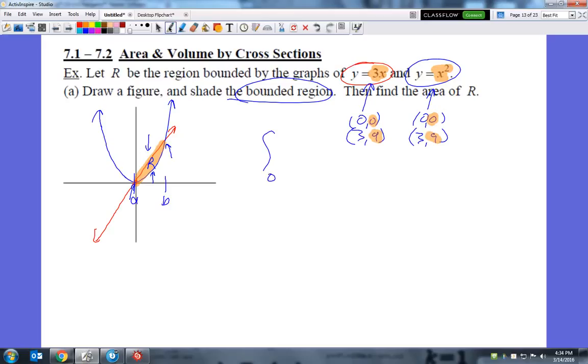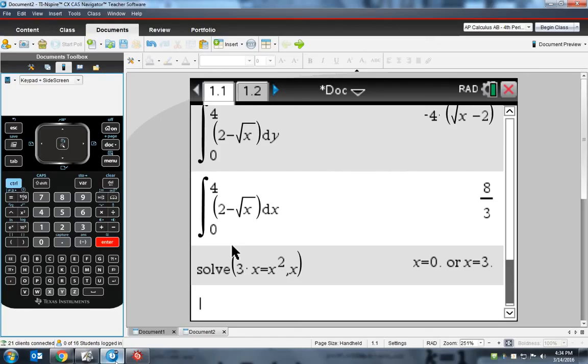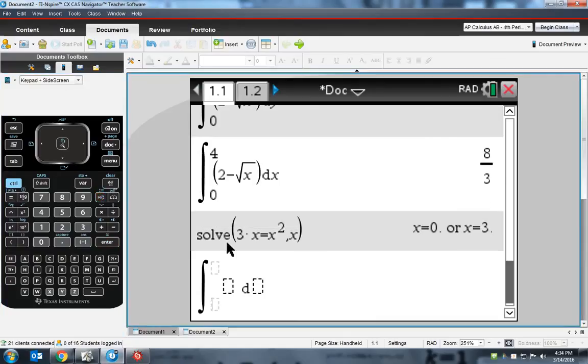Okay? So 0 to 3, and it'll be top minus bottom. The top is 3x minus x squared. And technically, yes, I know that this is in parentheses and this is in parentheses. But because the fact x squared is a monomial, you really don't need it. You could just write it just like that. Okay? And this is the area of the bounded region. So let me go ahead and make it a definite integral.